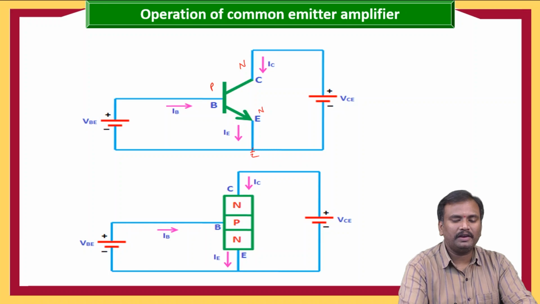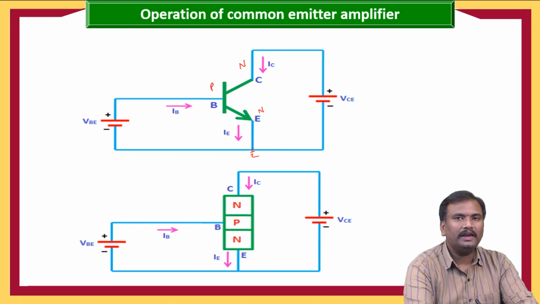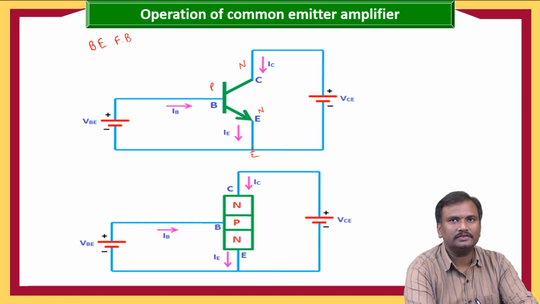When it is an NPN transistor, the base to emitter junction should be forward biased, in order to keep the transistor in the active region.